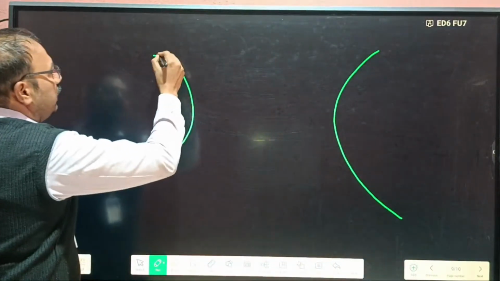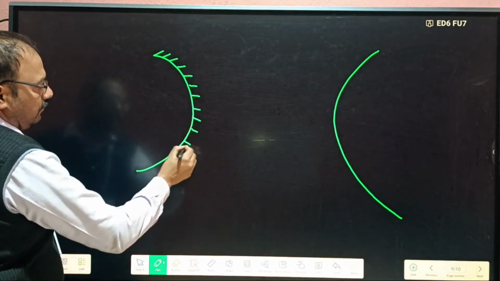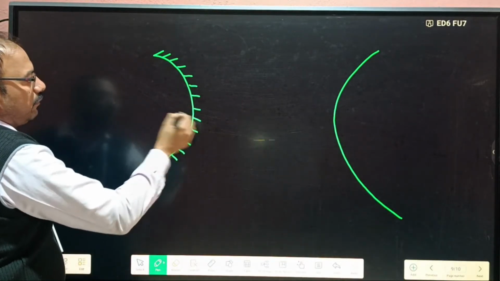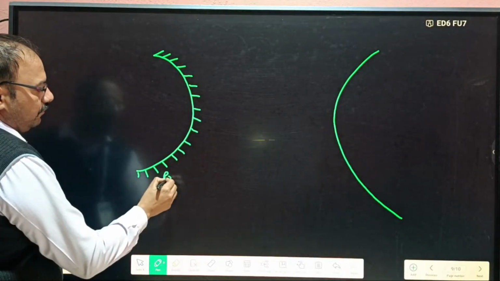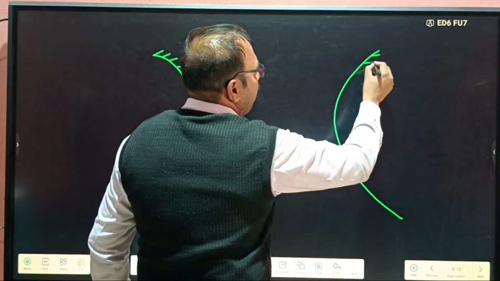This is the reflecting surface, and this is the polished surface.